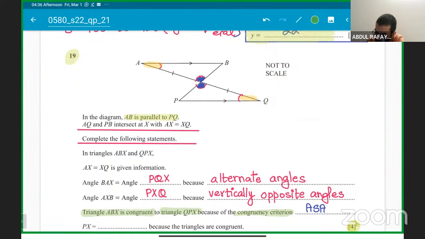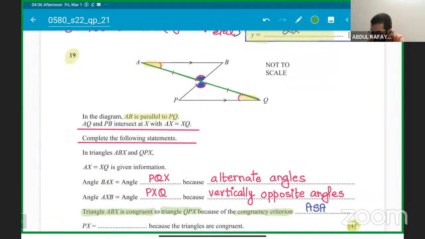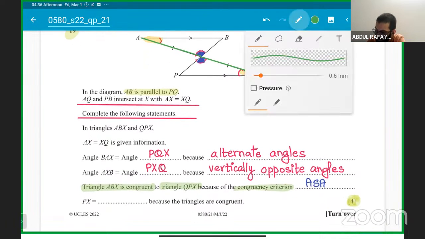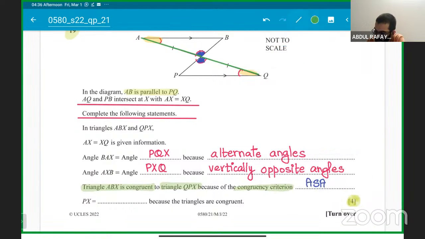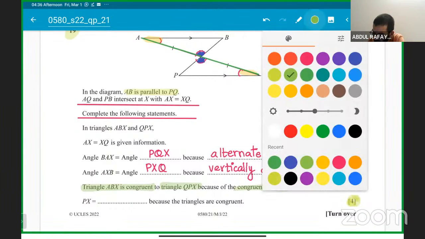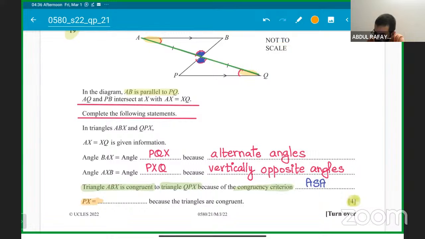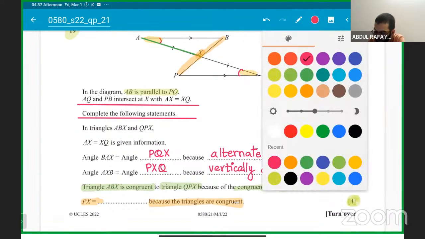Let me mark the side for my students. This is the side, guys, okay? Side means length. And then PX will be equal to which thing? Now you can assume it because you have already proved it. PX is equal to XB or BX because the triangles are congruent. What is the property of congruent triangles?